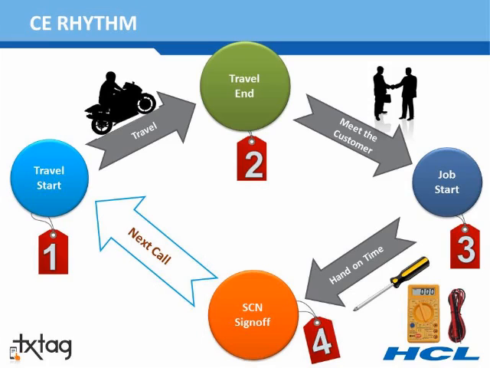When you start opening your toolkit to start working on the customer's equipment, you will send a 3rd SMS. And once you get the customer's SCN sign off, you will send a 4th SMS. So for every visit you have to send 4 SMS: SMS 1 for travel start, SMS 2 for travel end, SMS 3 for job start, and SMS 4 for SCN sign off.